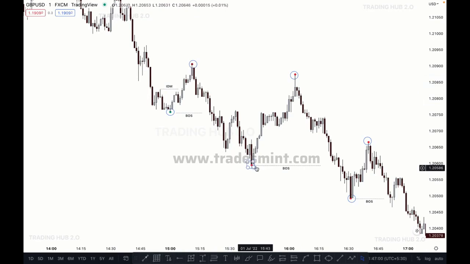Before this external liquidity, between this range, you can see minor structure. So the first minor structure acts like an inducement, and the extreme structure acts like engineering liquidity, right. In this case, this one is our inducement, because this is our first recent structure.